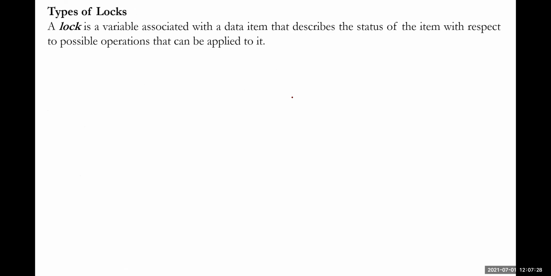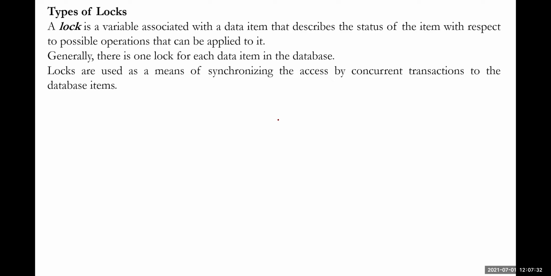First one, types of locks. How many kinds of locks are there here? We have two different kinds of locks. Already we have discussed everything here. A lock is a small variable which can be associated with each and every table. When the value of lock is equal to zero, there is no lock operated by any transaction.